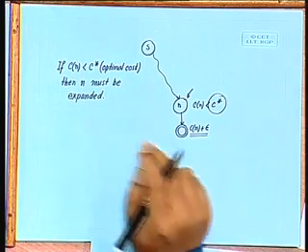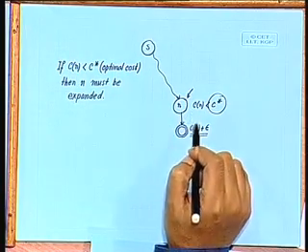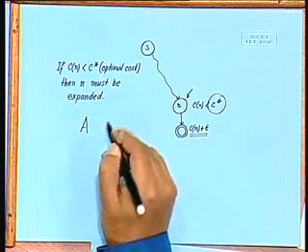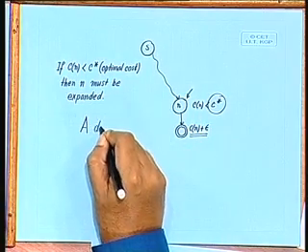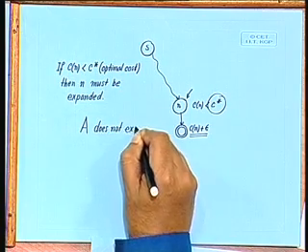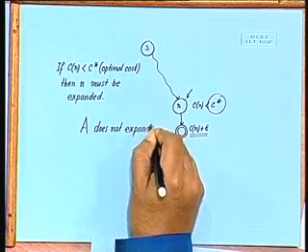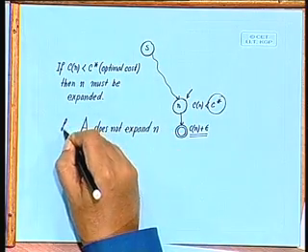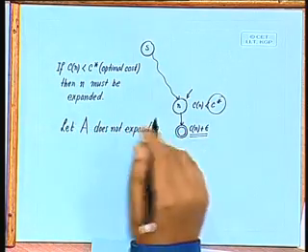We say that let us assume that we have an algorithm A which does not expand n. Okay. So, let algorithm A not expand n.